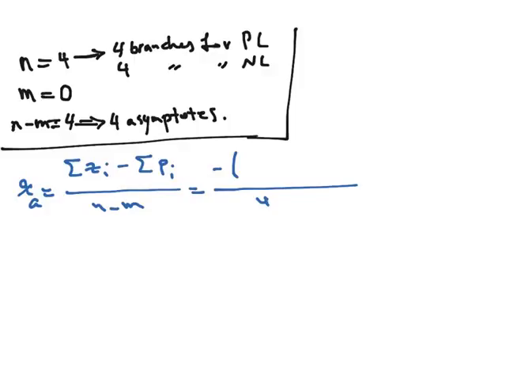For the poles we have 1 at 0 plus 1 at minus 1, plus 2 poles at minus 2 minus 3j and minus 2 plus 3j.